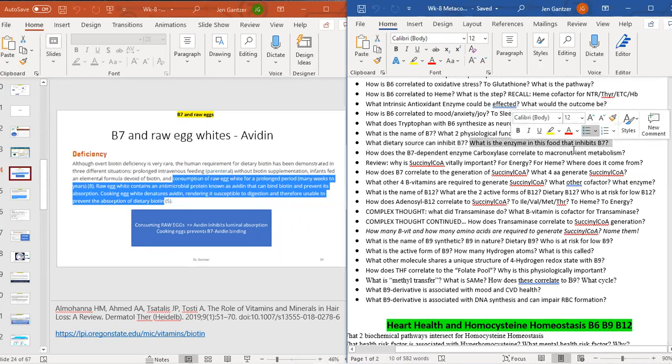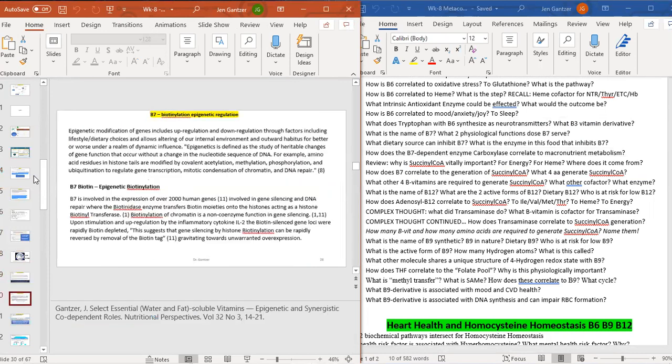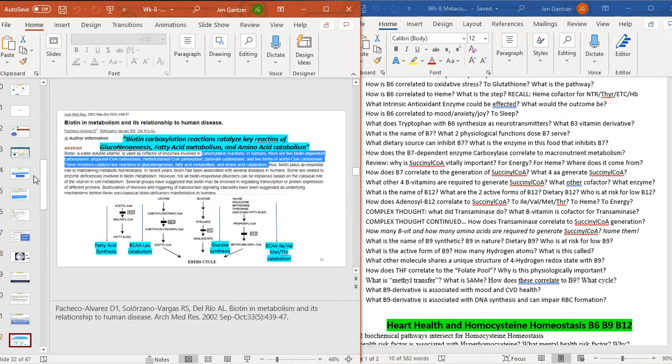The enzyme that this food inhibits is biotinase, and the molecule is the avidin. Avidin inhibits the enzyme. How does B7 carboxylase correlate to macronutrient metabolism? So I already showed it to you, so let me show you a pretty picture. Here's a wonderful article. If you are interested in biotin, you can read this full text.